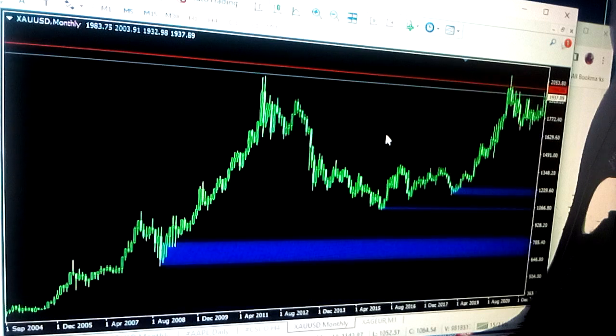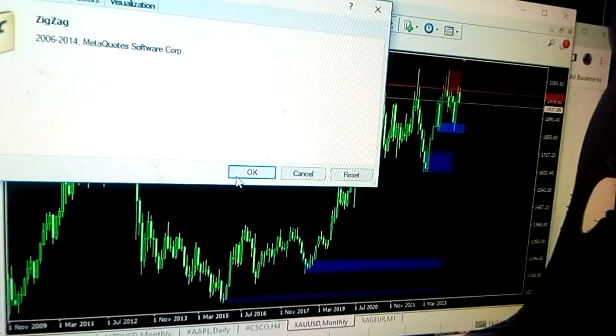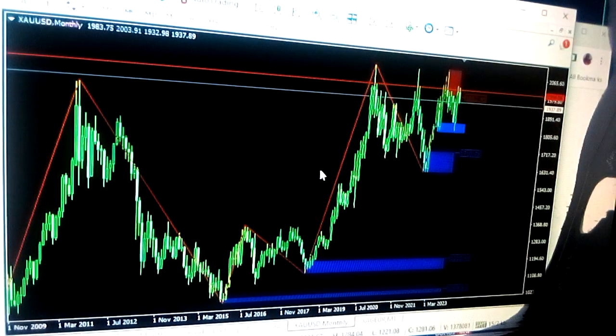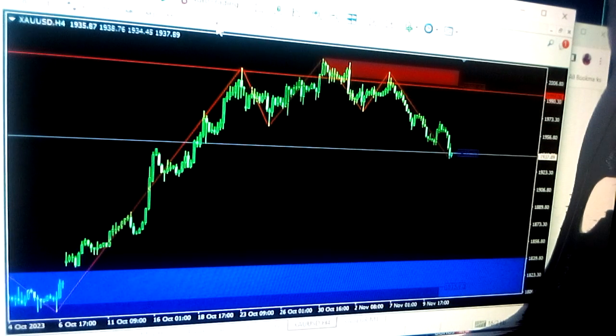Okay, so I want to explain for you in a simple language. So number one, let's first of all take zigzag and apply zigzag, so it can help us to identify head and shoulder if you are a beginner. Okay, so let's go to H4. What do you see?